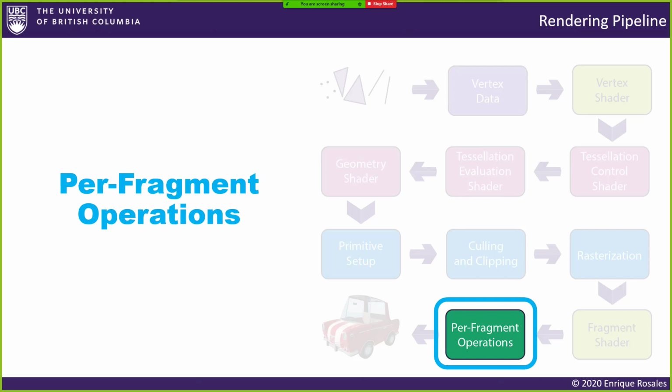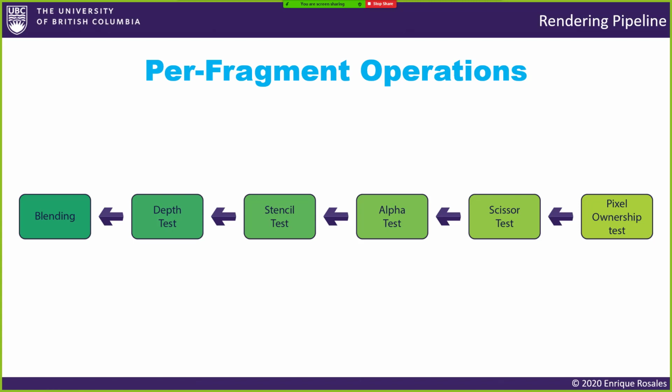The thing is that this is not a single stage. This stage is actually a pipeline in itself. So let's now review the pipeline of per-fragment operations. It has 6 operations, but I promise this will be the very end of the pipeline. We have 6 operations, and the first one is the pixel ownership test. I will explain each one.